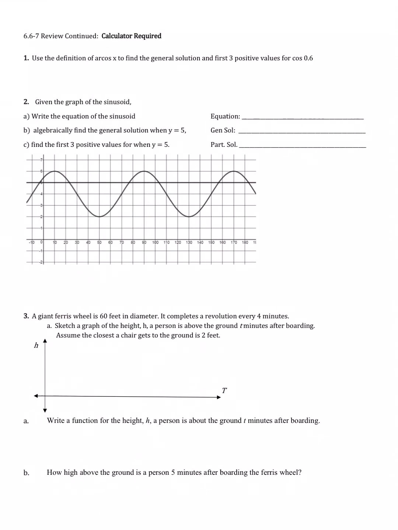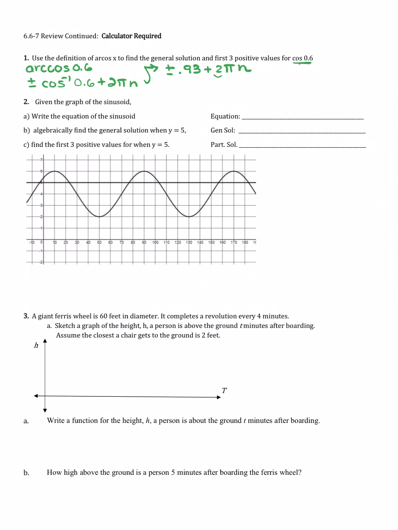So now you can use a calculator, and we want to find the first 3 positive of cosine x equals 0.6. So we're looking for arc cosine 0.6, which is plus or minus your inverse cosine plus 2 pi n. So we go to the calculator, make sure you are in radian mode, and the inverse cosine of 0.6 from the calculator is 0.93, so plus or minus 0.93 plus 2 pi n.